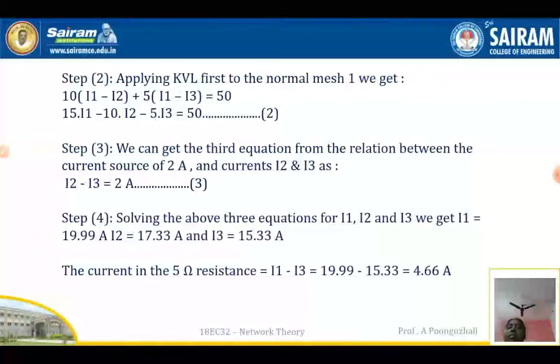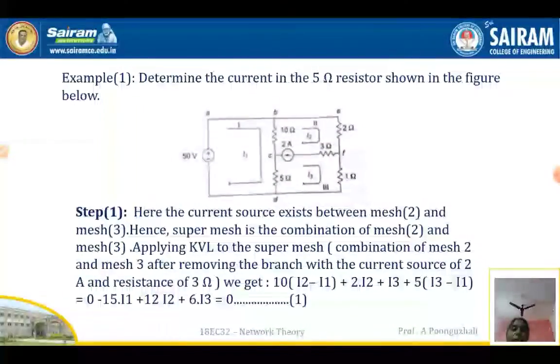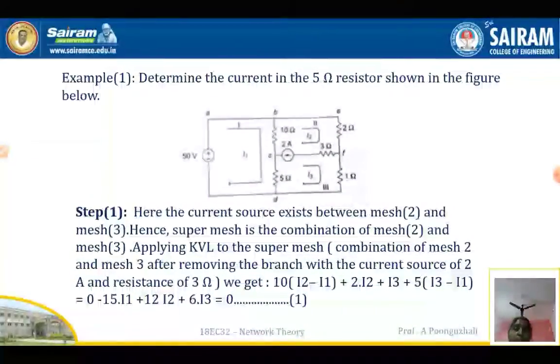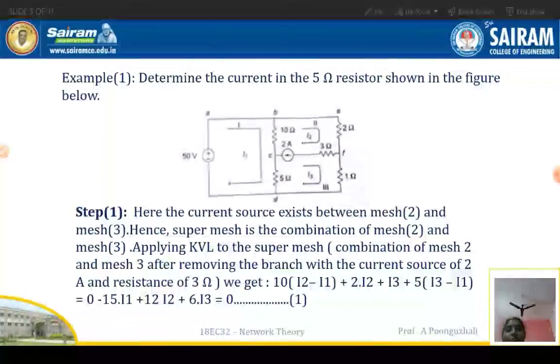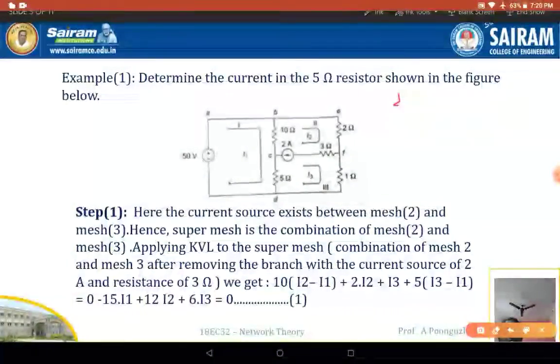And next, the second loop equation we have got. The third loop equation is nothing but, if I take the total outer loop, in this case this loop. That is nothing but your 10 ohms, your 2 ohms, 1 ohm, here it is 5 ohms.